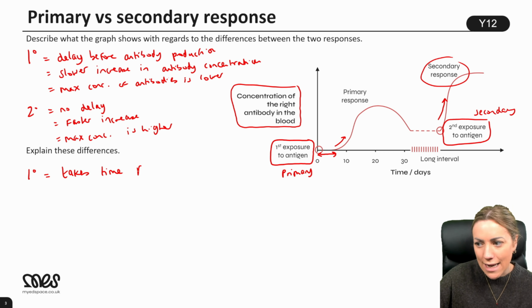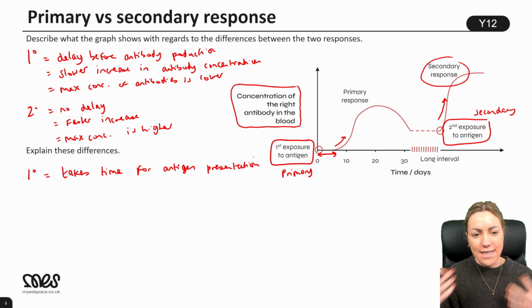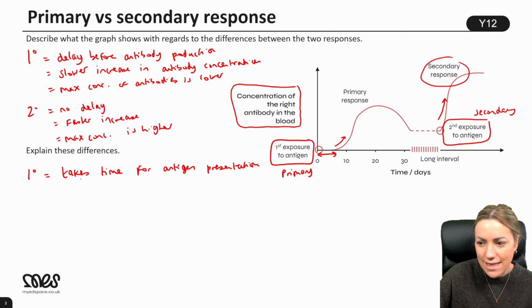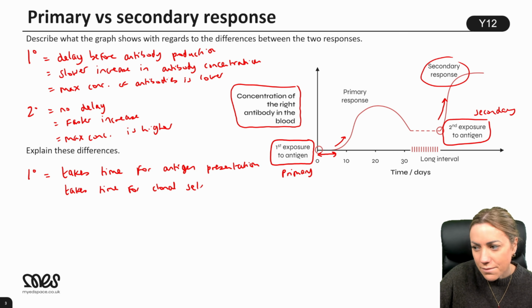So it takes time for, you could say, antigen presentation. So we need to have phagocytosis. The phagocytes need to present the foreign antigens. That takes time. It then takes time for clonal selection and clonal expansion.